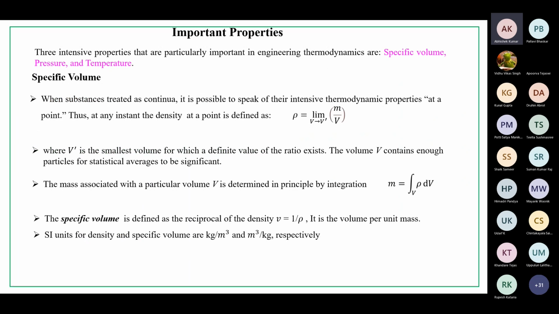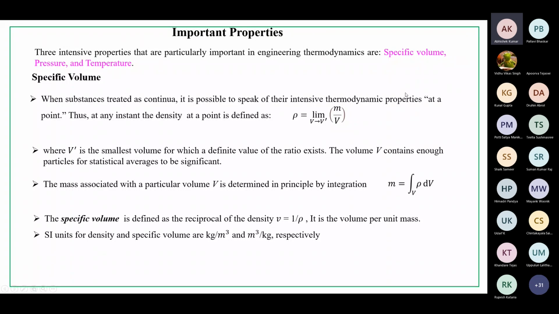Now, basically we are defining three basic parameters or properties: specific volume, pressure, and temperature. Let us discuss them in detail. Specific volume is volume per kg.